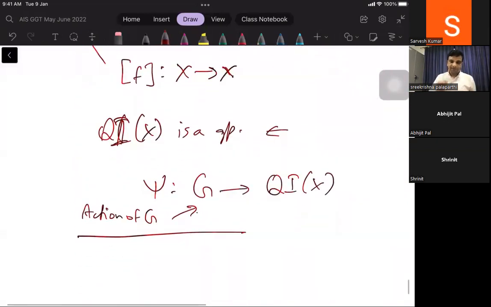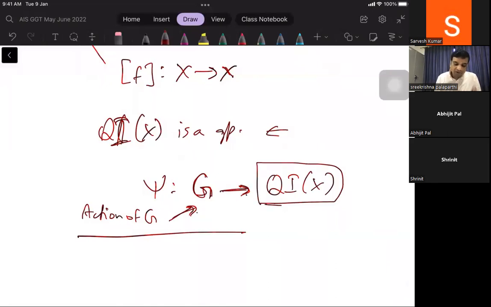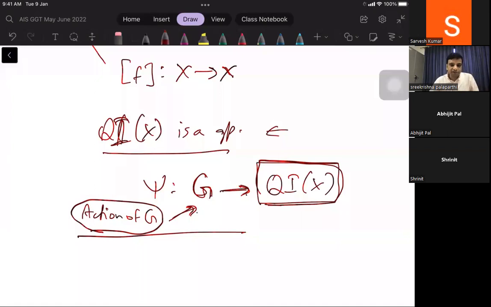Sir, where does this G come from? So you take any group G, and if you can find a homomorphism from G to QI of X, now because QI of X is a group, if you can find a group homomorphism from G to QI of X, then you are defining an action, like yesterday's tutorial.